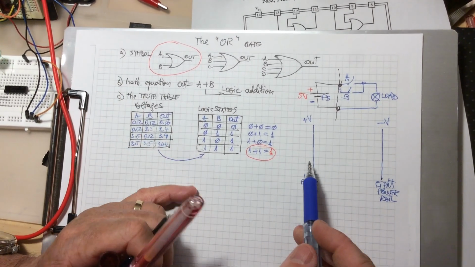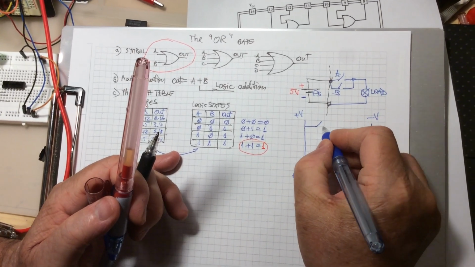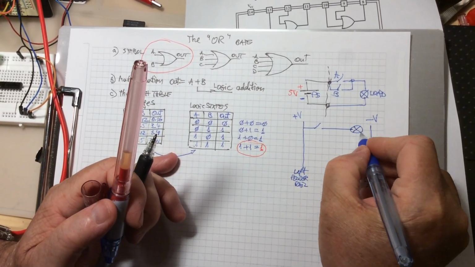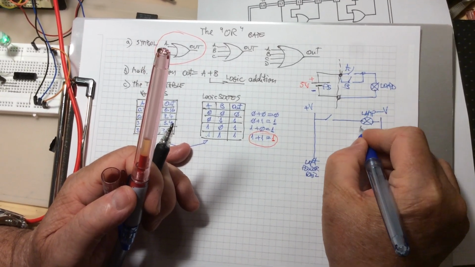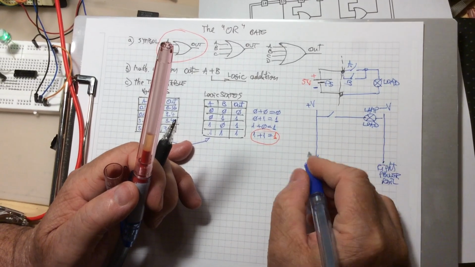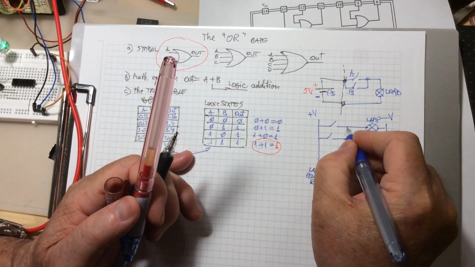Let's replicate the circuit doing exactly that function. Here it is. This is my, let's say this is a lamp, or the load, as you wish. And here are the two switches.